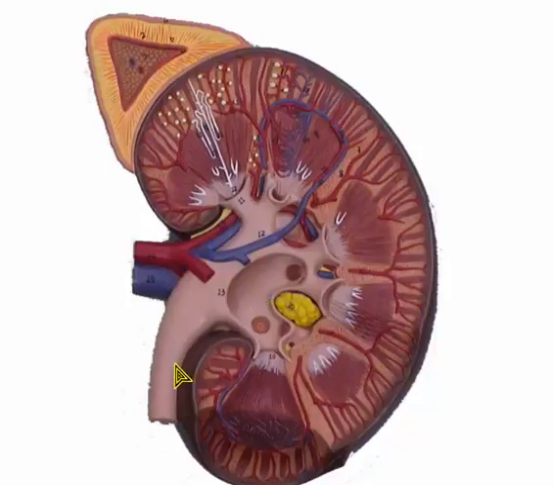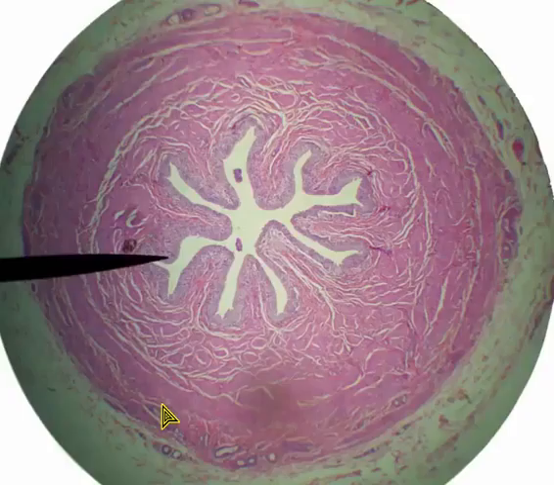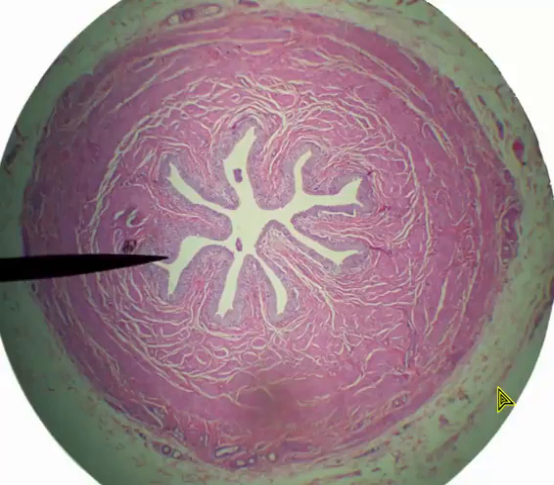I put this picture back up again just to, what we're looking at next is the ureter, the tube coming from the kidney that carries the urine to the bladder. So this is a cross-section of a ureter at 40 times magnification. And apart from knowing that the organ the section comes from is a ureter, you should know the layers of the ureter. The innermost layer is called the mucosal layer, or the mucosa.